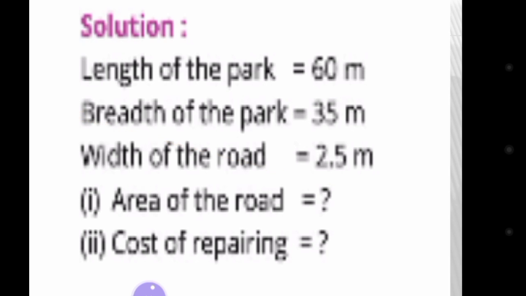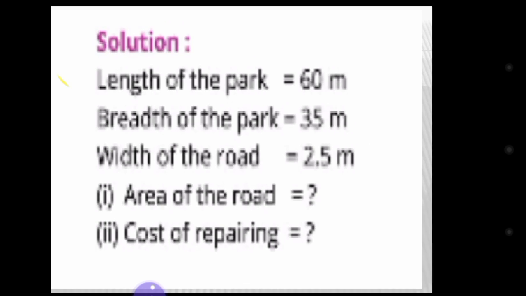Given data: length of the park is 60 meters, breadth of the park is 35 meters. These two values are for the inner rectangle, and the border width of the road is 2.5 meters. We find out the area of the road first, and then we find out the cost of repairing it.